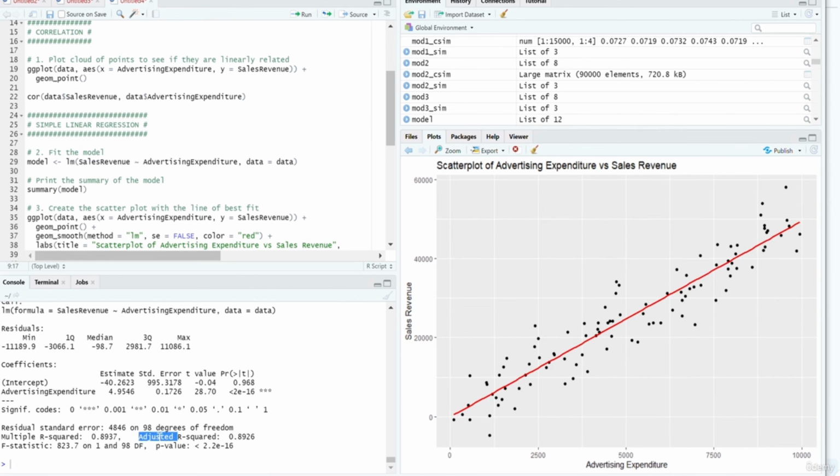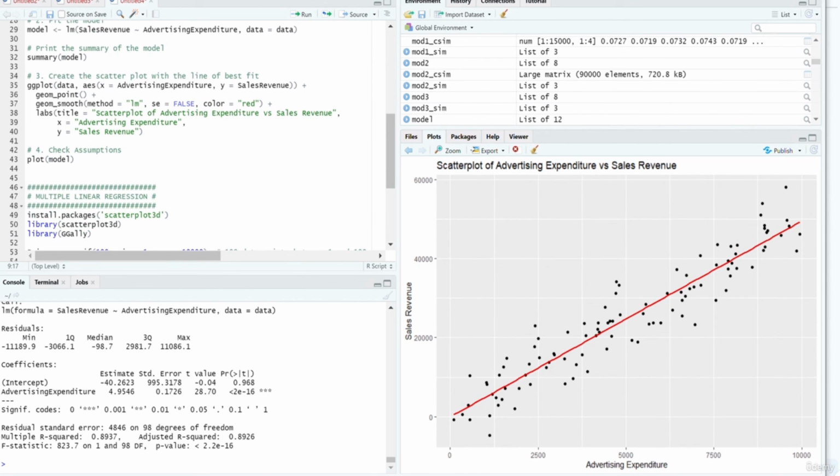The adjusted R squared adjusts for the number of explanatory variables we use in our model. It penalizes us for the number of explanatory variables we use. R squared is a measure of accuracy, and the adjusted R squared adjusts that accuracy measure based on how many variables we include in our model.